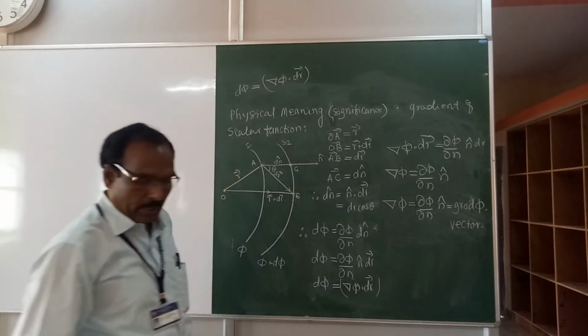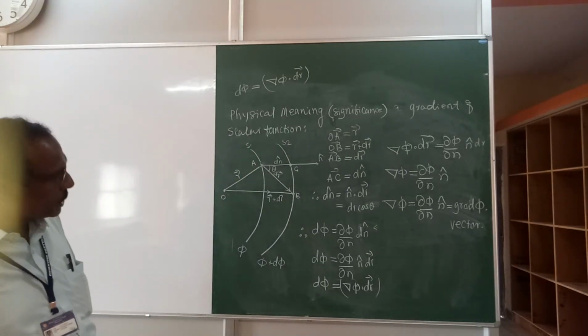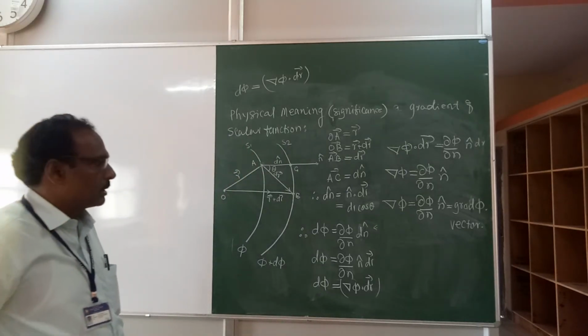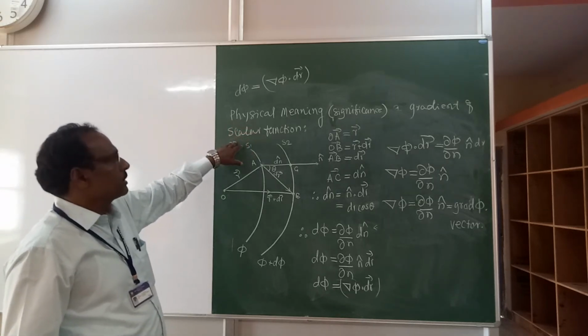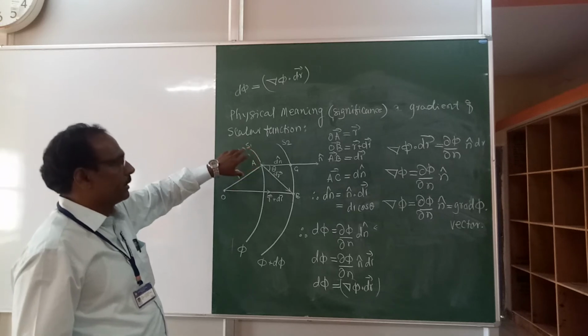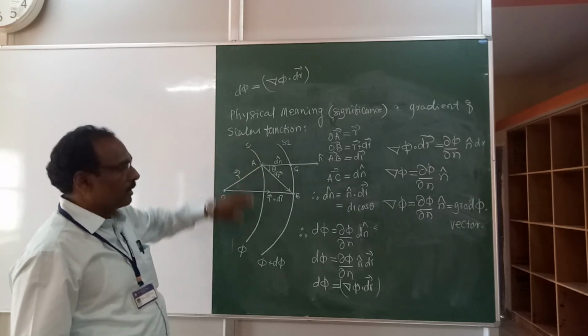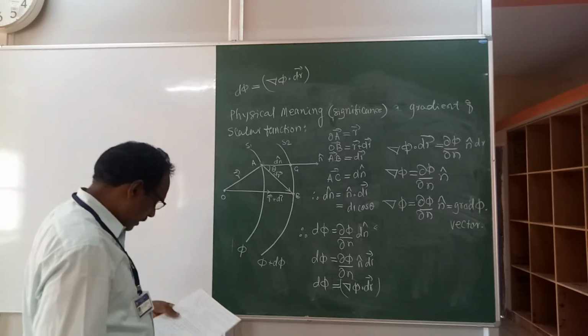Grad phi is a vector. What is the meaning of this? So we say the physical meaning or significance of a gradient of a scalar function is a vector.